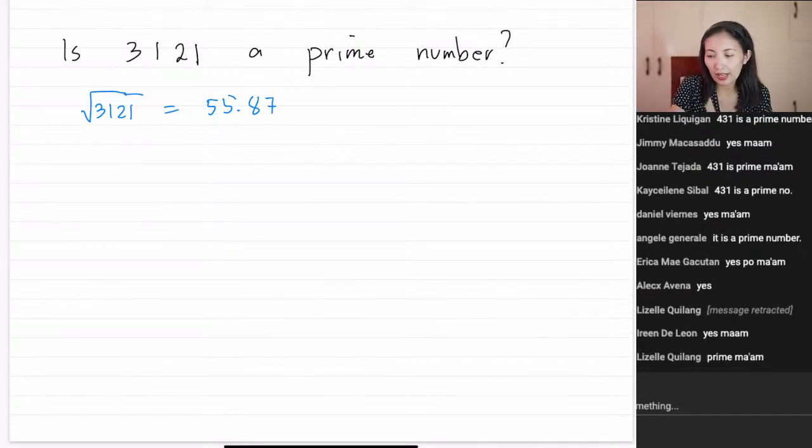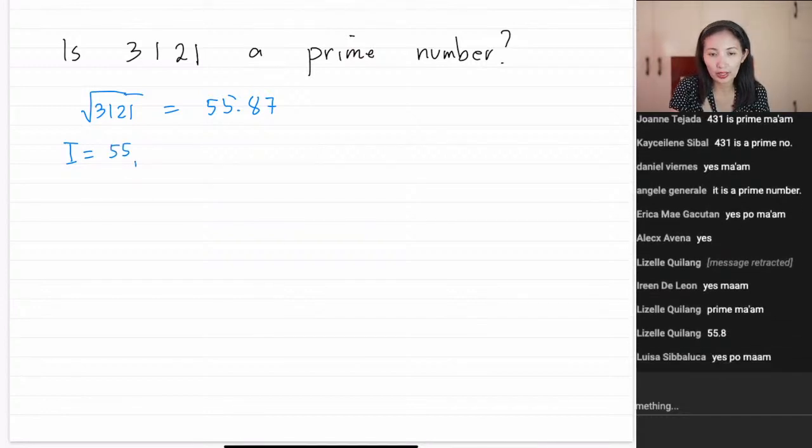So what values will I make use of as my divisor? You can have 55 and below, because this is 55.87. So is it a prime number? Let's get 3,121 divided by 55, obviously, no. Then we can skip 54 kasi this is even.